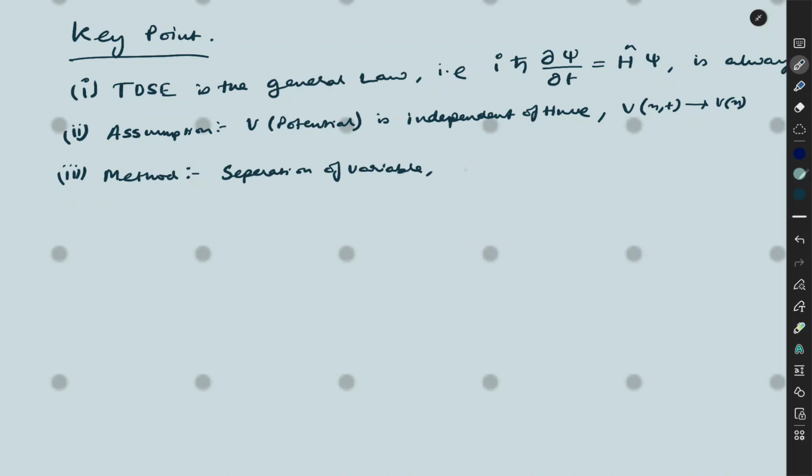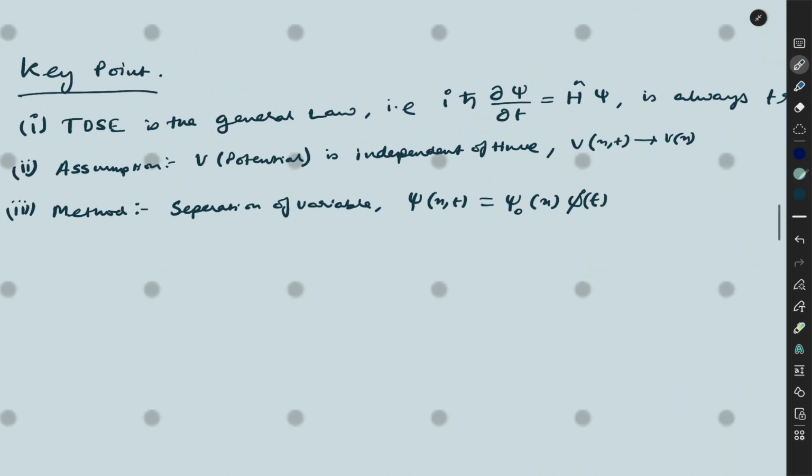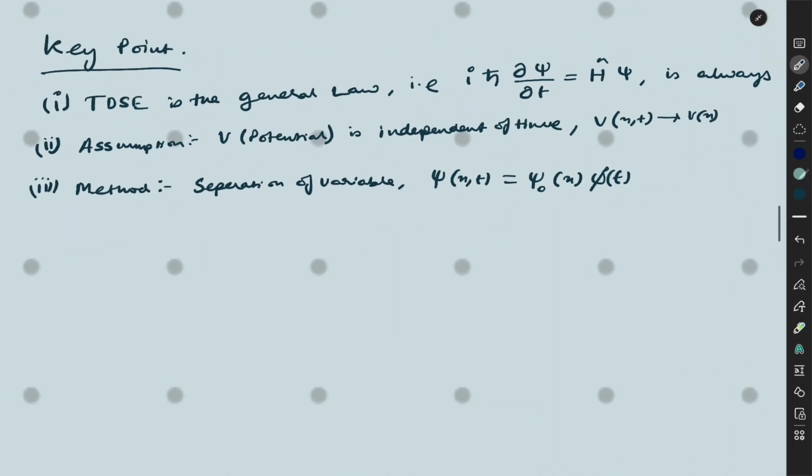That is, psi of x comma t equals psi naught of x multiplied with phi of t, where x and t are the independent variables and psi is a function depending on x and t. Here psi naught is a function that depends only on x, and phi is a function that depends only on t.